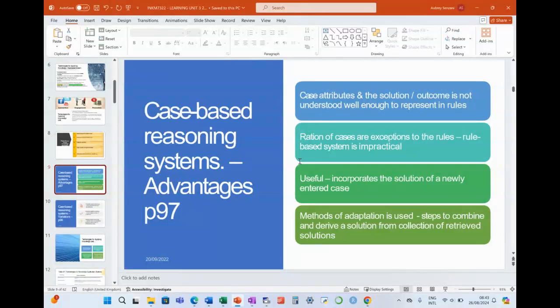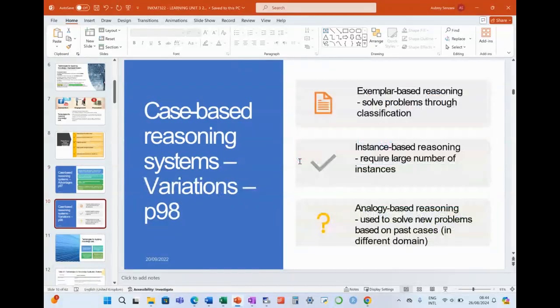So I think that's what they are trying to highlight there, that it incorporates newly entered solutions to more recent cases. And then methods of adaptation is used. Steps to combine and derive a solution from a collection of retrieved solutions. Okay, which is what we just spoke about.